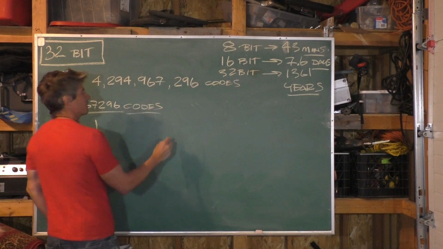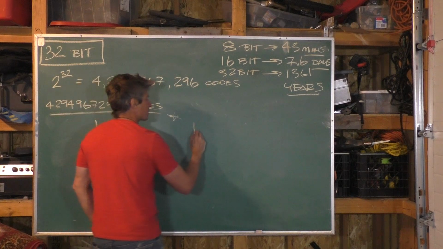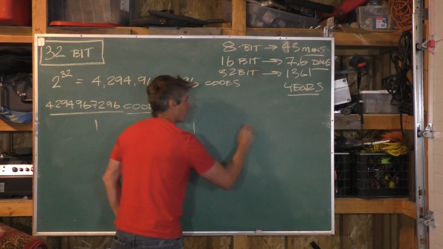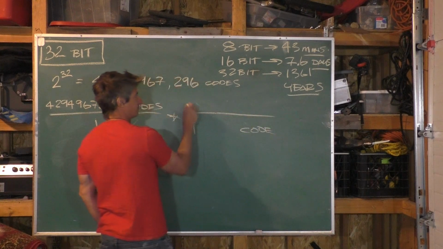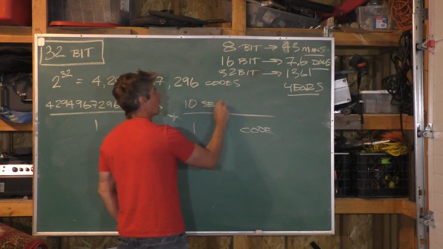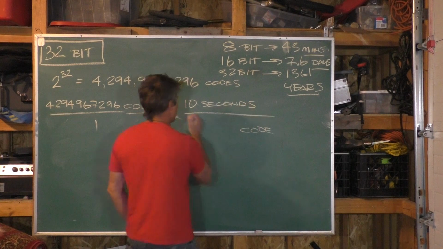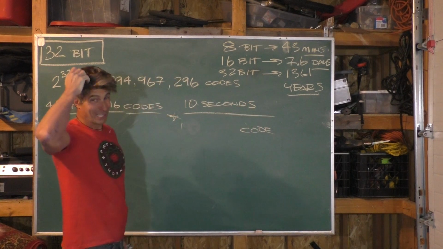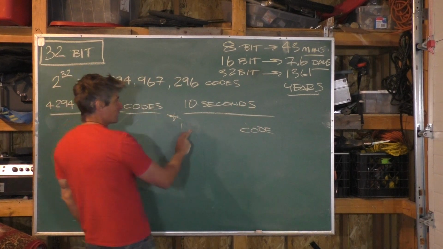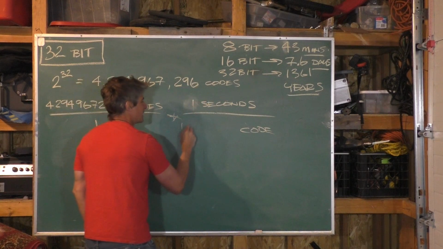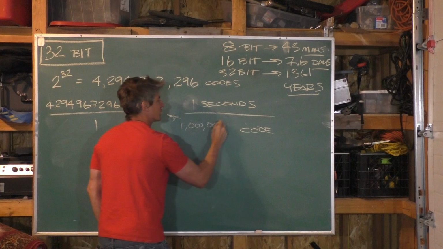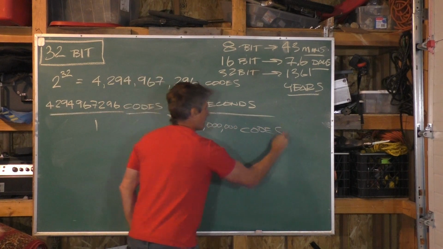We were under the assumption that Sean could test one code every 10 seconds. But here's the problem. Modern computers don't test one code every 10 seconds. They test about 1 billion codes every second.